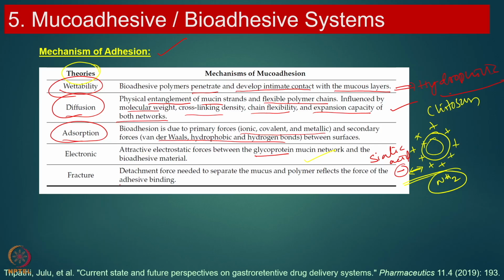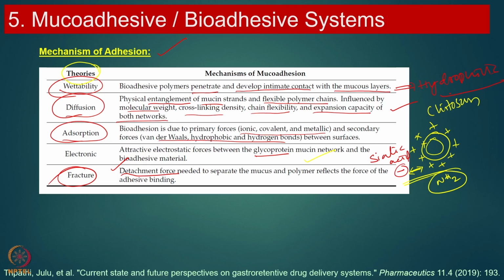And the last one is the fracture mechanism. This is some type of mechanical force required to generate such a mechanism. You need to put some pressure on the mucus, and then we see what detachment force is required to separate your dosage form from the mucin.